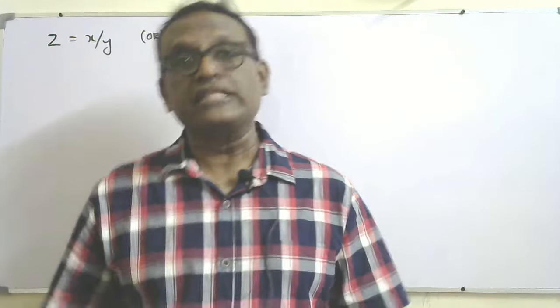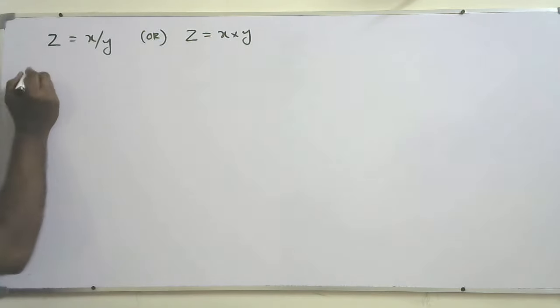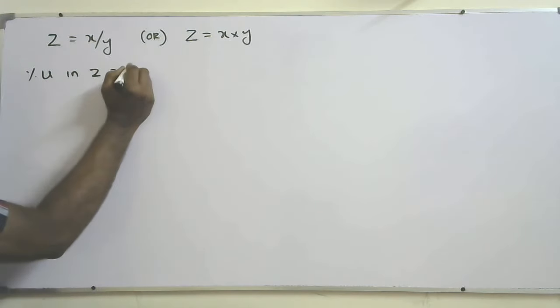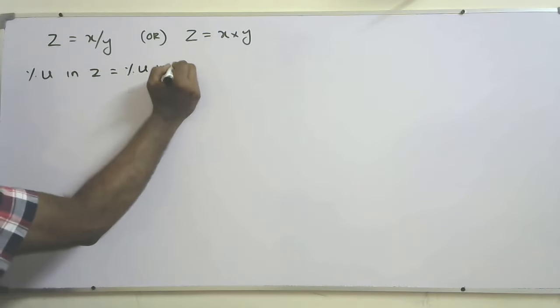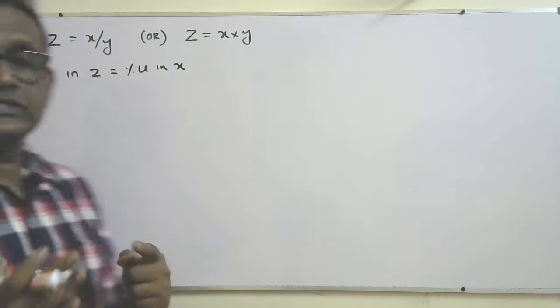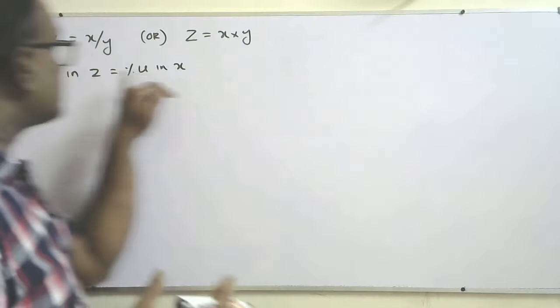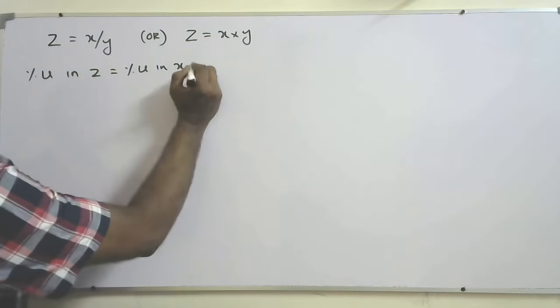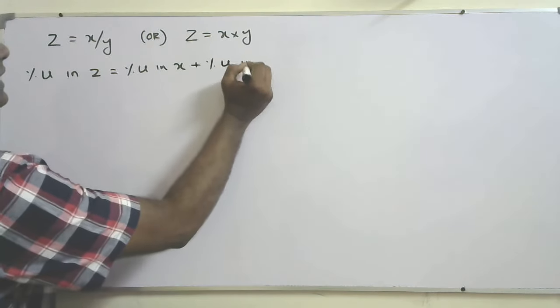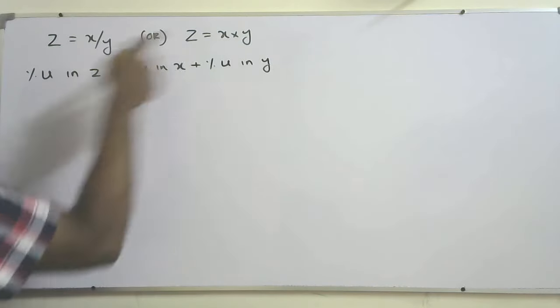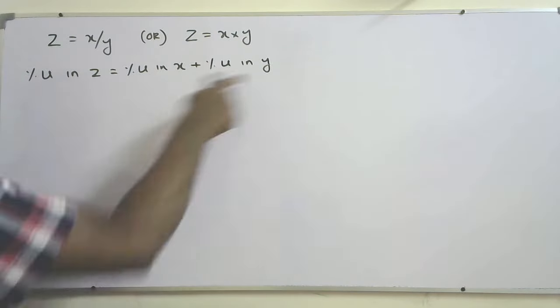Here we first find the percentage uncertainty. So percentage uncertainty in Z is equal to percentage uncertainty in X, since X is measured by using an instrument, so that measurement has uncertainty, plus percentage uncertainty in Y. Whether we are dividing or multiplying, percentage uncertainties will be added.